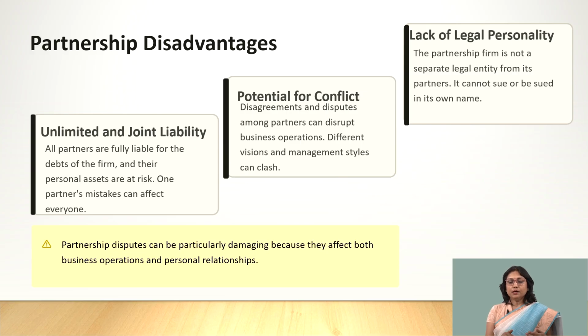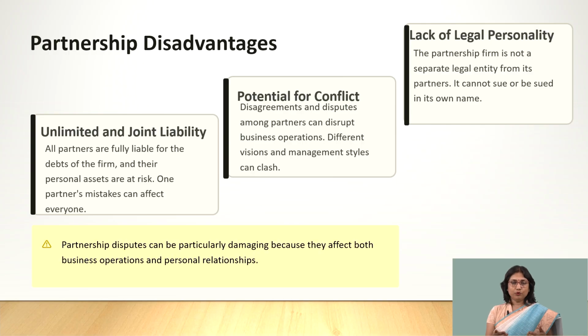Then there is also the lack of legal personality, because the partnership and the firm are considered the same from the third party's viewpoint. So any issue coming with the firm actually belongs to the partners.